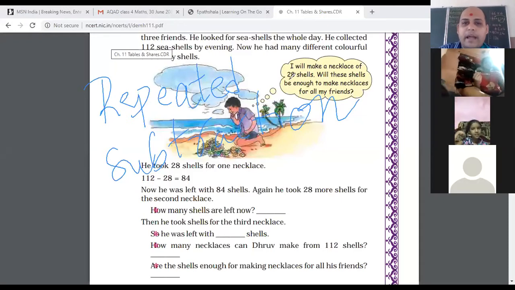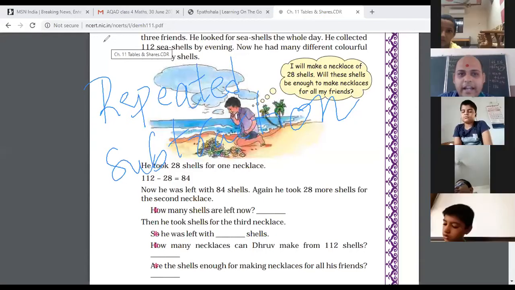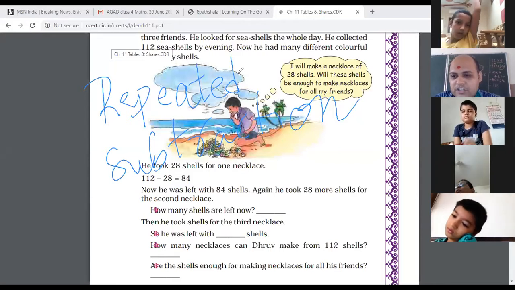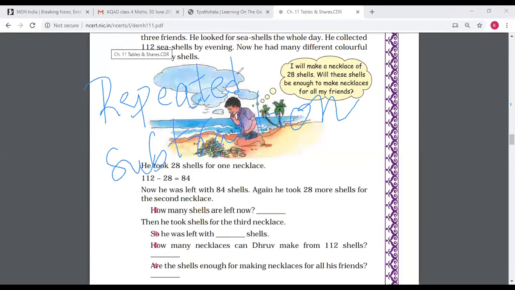How many of you remember that we did repeated subtraction examples? Yes, show me your hands. How many of you remember? Yes, we did so many repeated subtraction examples. Yes, very good. So that is the easy part. Yes, very good, Dishta.